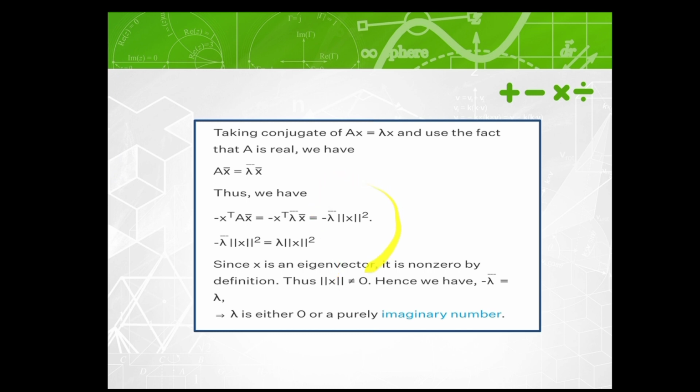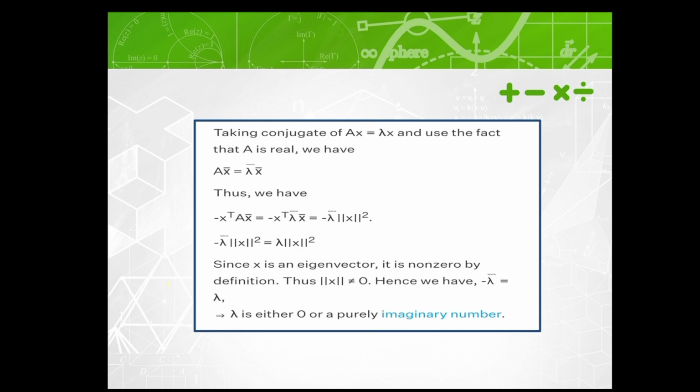From this step we derive minus lambda bar times modulus x whole square is equal to lambda times modulus x whole square.